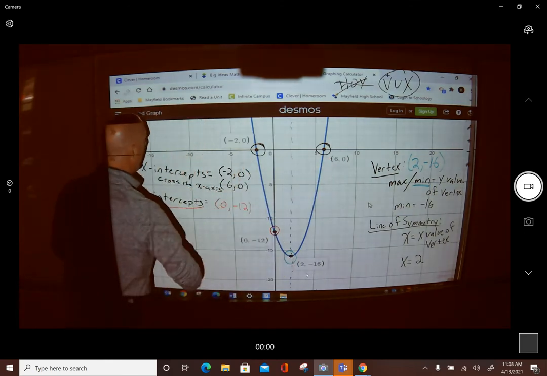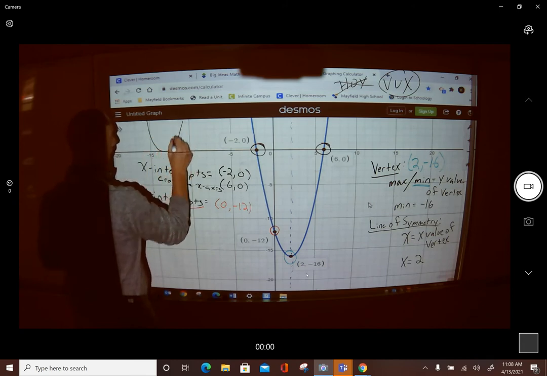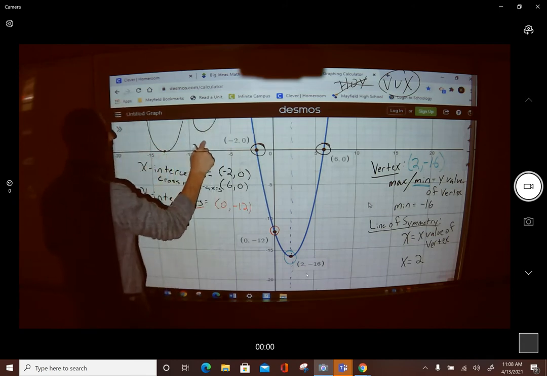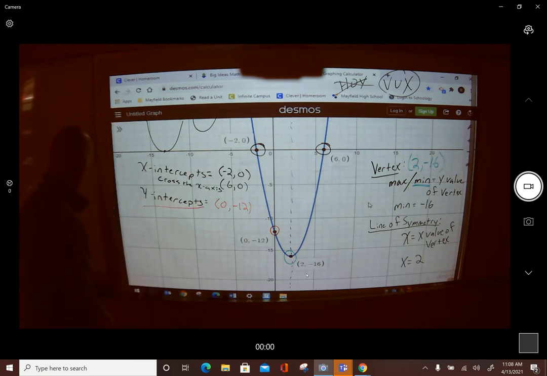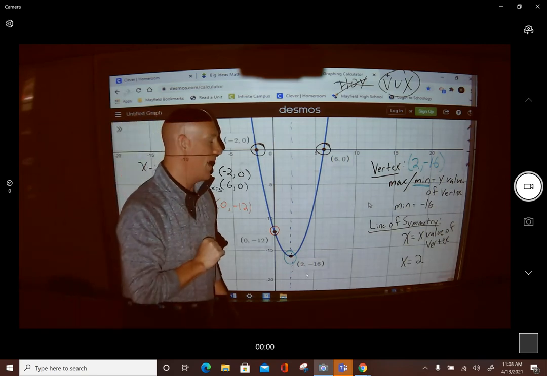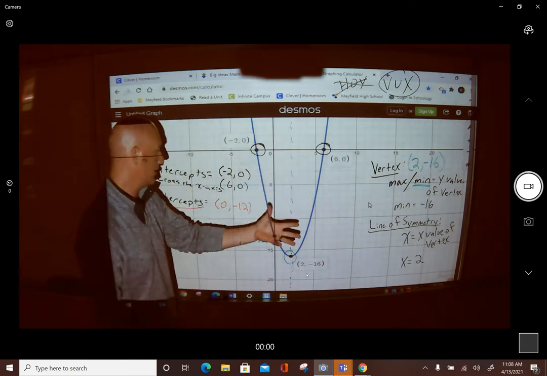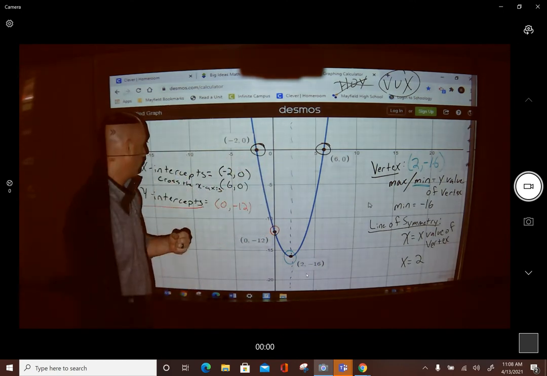If it was right on the x-axis, it'd cross once. If I drew a parabola above it, it wouldn't hit at all. Okay? So it is possible to have 1, to have 2, or to have 0 x-intercepts. You're just going to have to look on the graph and find them. Easy enough, I hope. Ask me in class if you have questions.